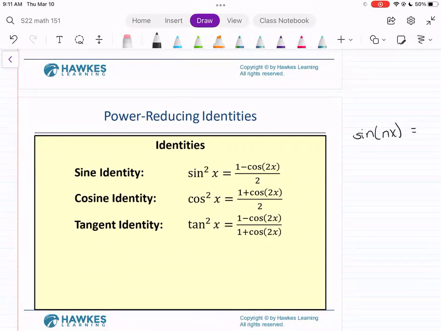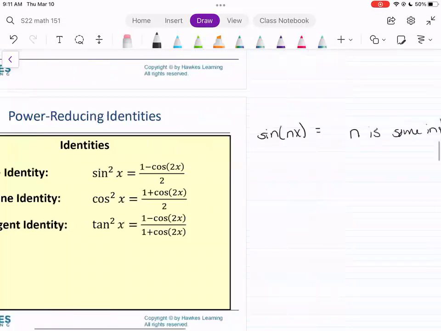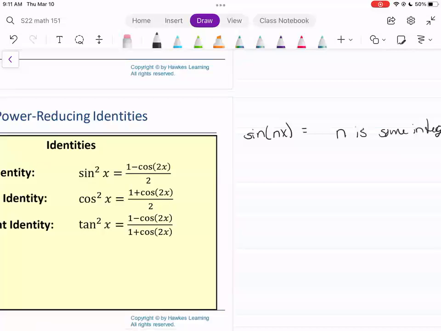Let's prove the first one: sine squared of x is equal to (1 minus the cosine of 2x) over 2. Using the double angle identities that we just looked at, we know that the cosine of 2x is equivalent to 1 minus 2 times the sine squared of x.